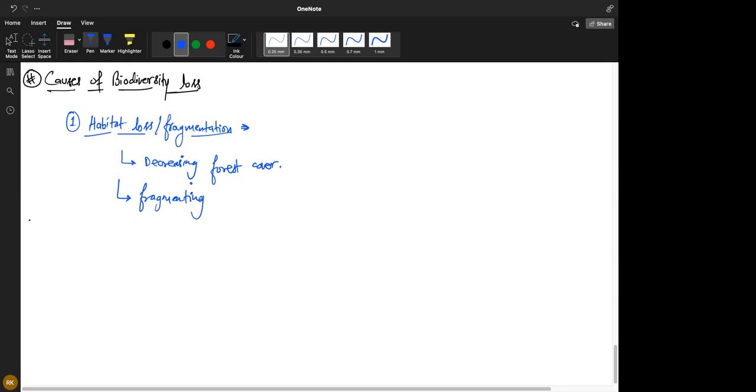Especially because of this, mammals and birds which need large territories to survive are affected. For example, tigers. The tiger population needs a very large territory to flourish and survive. You cannot conserve lots of tigers in a limited space. They are territorial organisms.